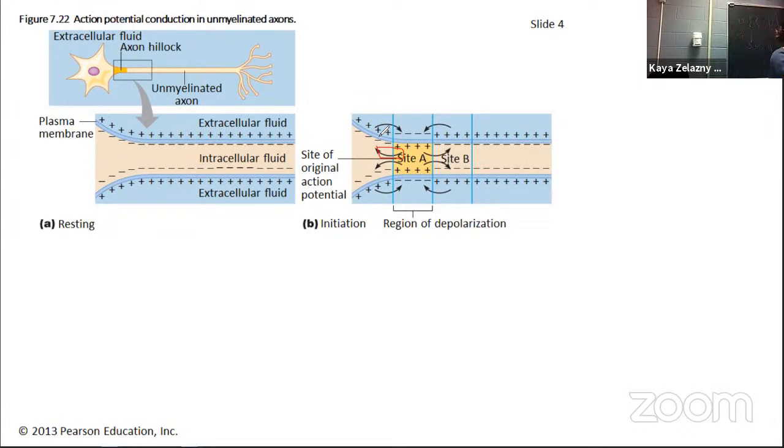They just spread out. But it doesn't matter to the section that has just fired because it can't fire off again this soon. So that little depolarization that may be happening in the site that just fired doesn't trigger a new action potential.